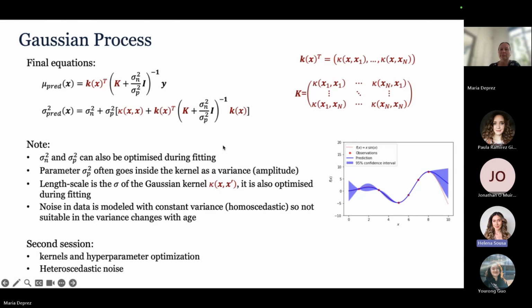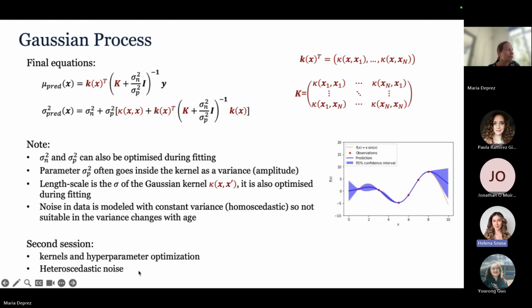There we can do similar equations as I showed for Bayesian regression to optimize these parameters during fitting, and we'll try to look at it with Helena for the next session. We still have homoscedastic noise, which bothers us, and we need to find a solution. I wanted to look at the equations for exactly how we optimize these hyperparameters, but it's in the book, so we can find it; I just ran out of time.